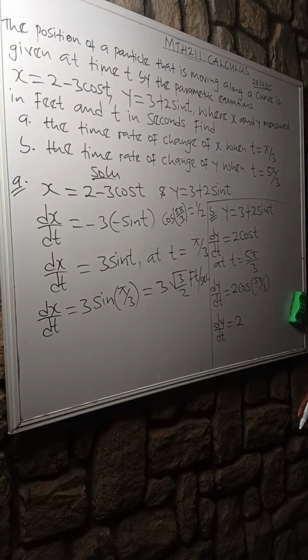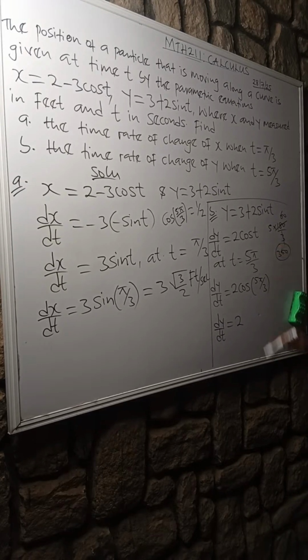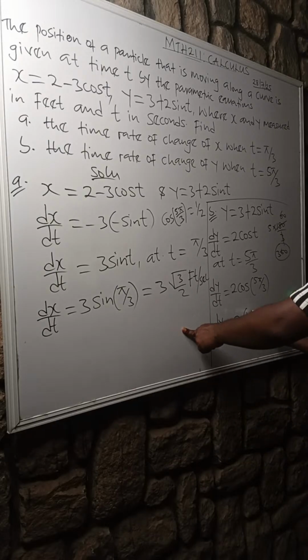So far so good. So this implies that this is 5 times 180 all over 3, 60. So which is 360, right? So cos 360 is what? Half, right? 1 all over 2.